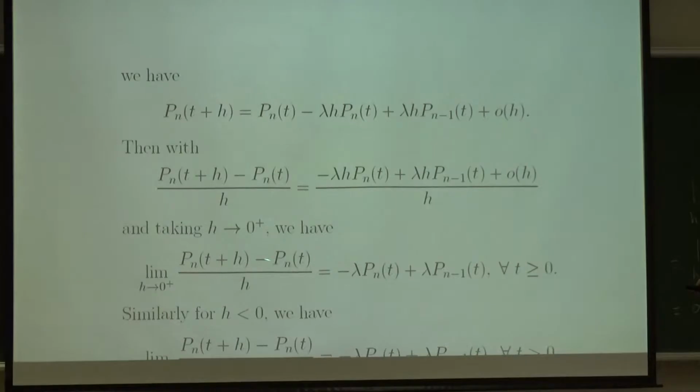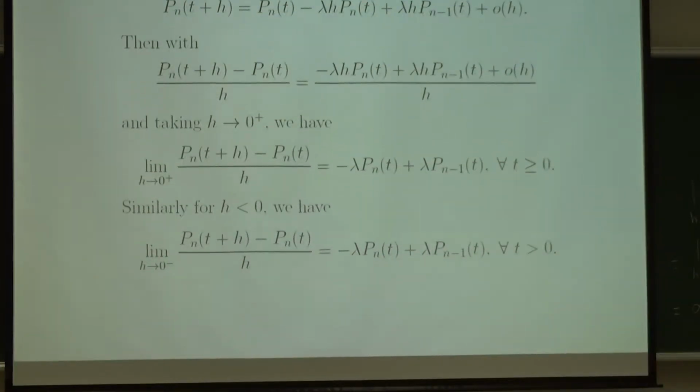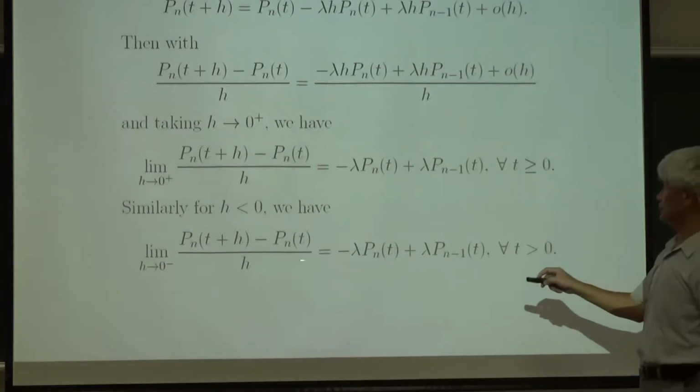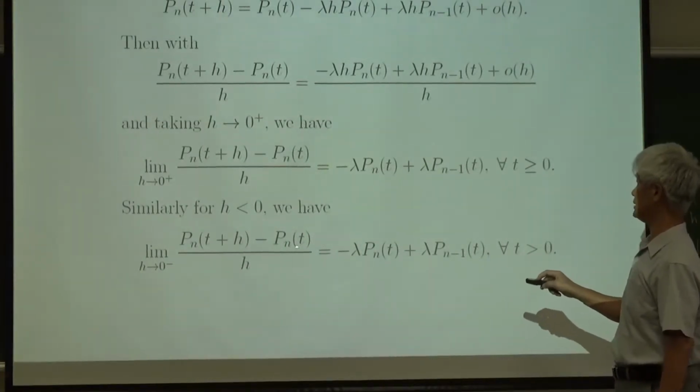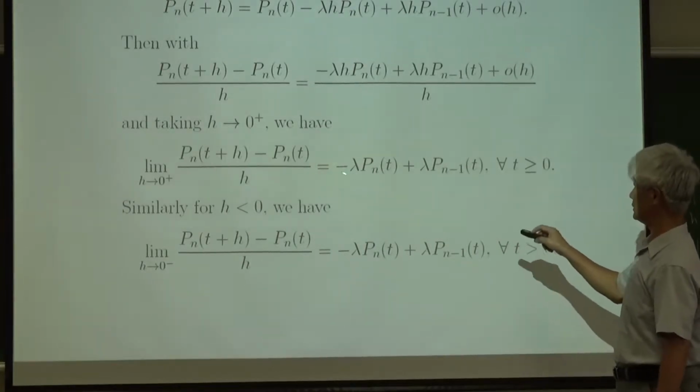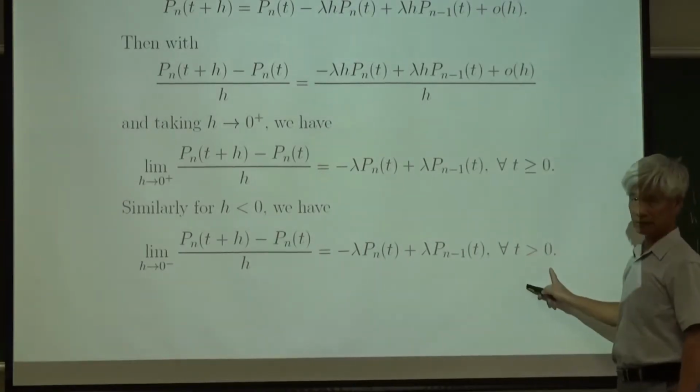So we know that Pn(t) has a right-hand derivative. Similarly, for h less than 0, we can prove that the left-hand derivative also exists and is equal to the right-hand derivative for t greater than 0.